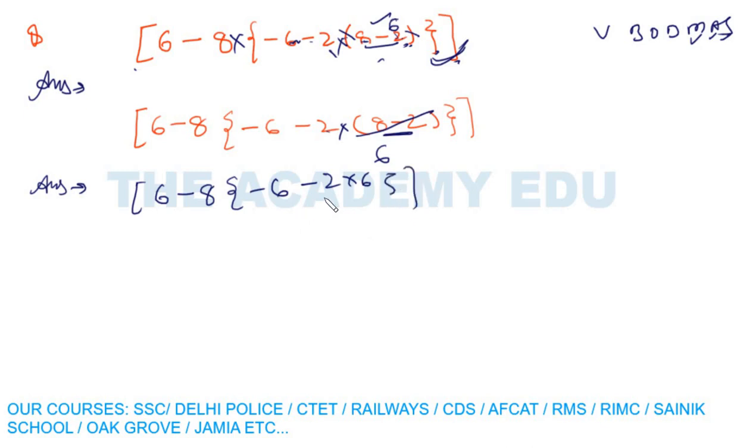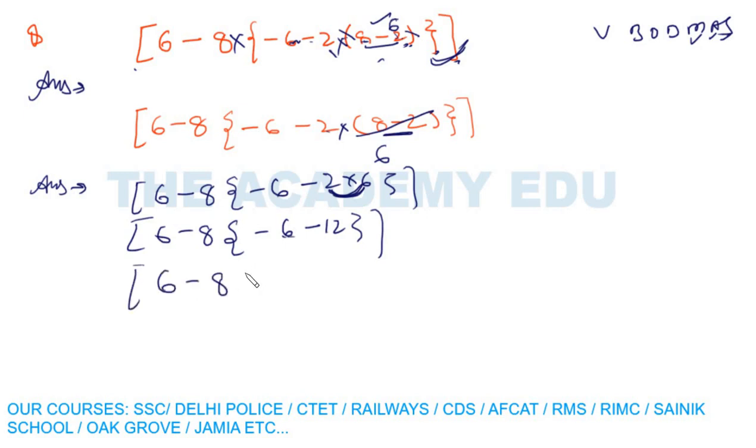Now we will multiply first 6 into 2, 12. So we have 6 minus 8 and minus 6 and minus 12. Now we have 12 plus 6, 18. 6 minus 8, but this is minus 18, right?